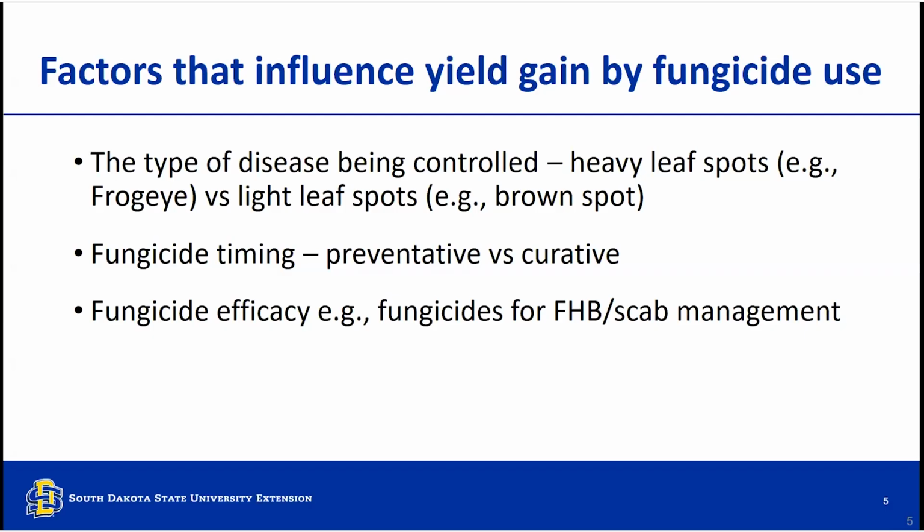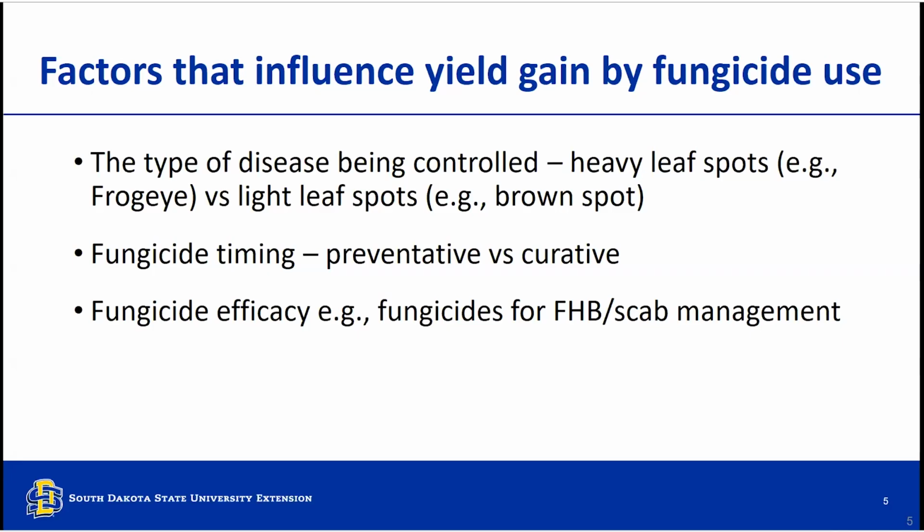There are preventative fungicides and then there are curative ones, meaning you don't have the disease yet versus now you have the disease and we want to stop it from getting worse within the plant. So timing of fungicide, and then the efficacy. Not all families of products work with all diseases, and sometimes the timing might make things worse.